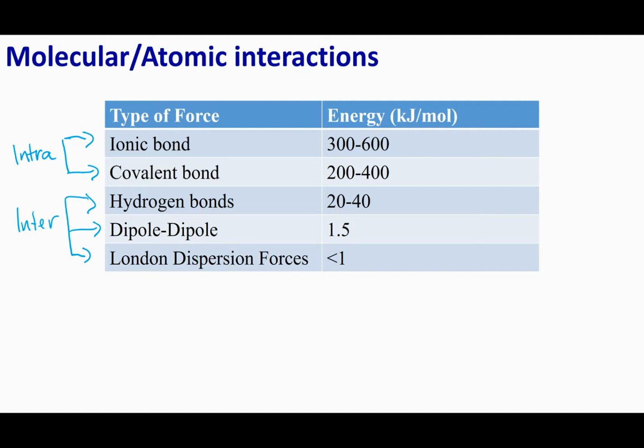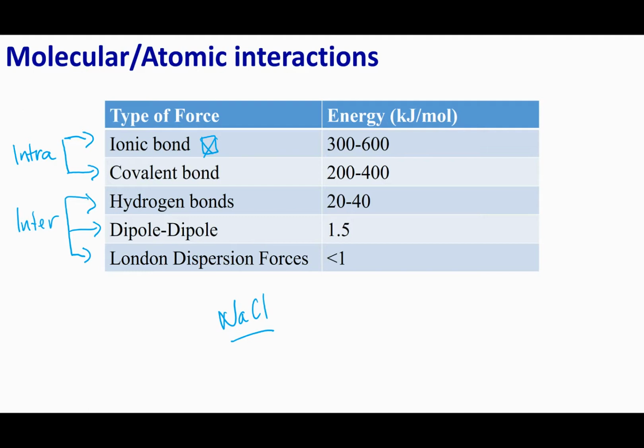Now, one thing that's kind of strange is the ionic bonds, and sometimes people will consider these intermolecular forces. So when I talk about an ionic compound like NaCl, remember that this is an empirical formula, and really what I'm talking about is how that sodium and chloride are ratioed together.